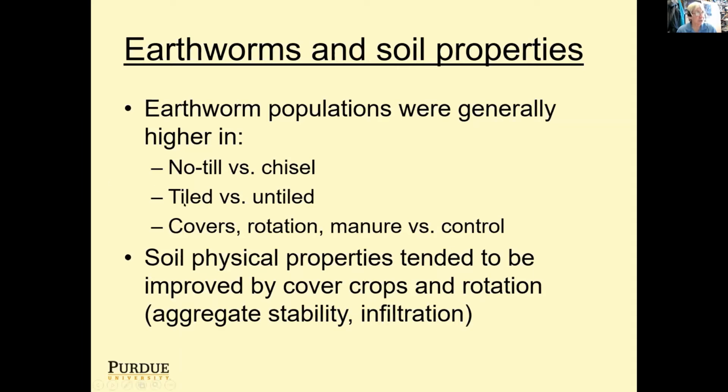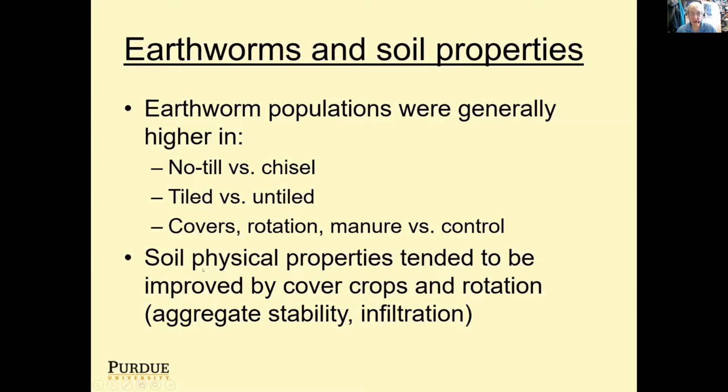We found earthworm populations generally were higher where we had tiling versus where we did not have tile because of the better aerated condition. And we found earthworms generally higher where we did these other conservation practices compared to the control.